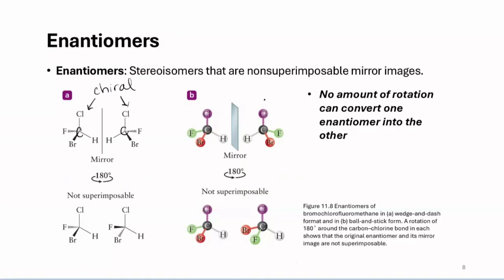The thing is that because in terms of space the atoms are arranged differently, the molecule on the right, even after you turn it 180, does not completely align with the molecule on the left. Actually, no amount of rotation can convert one enantiomer into the other.